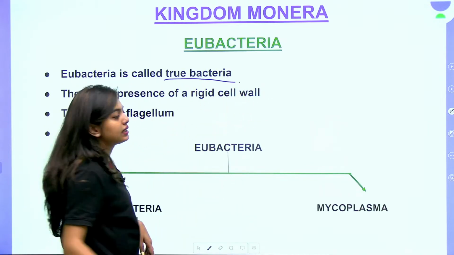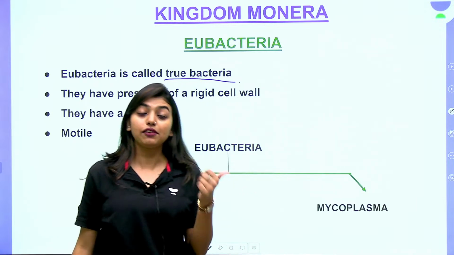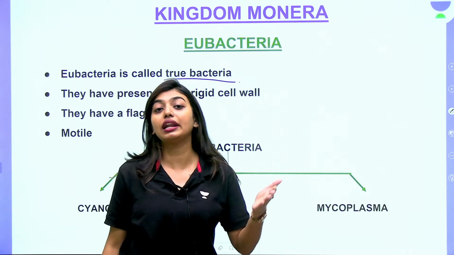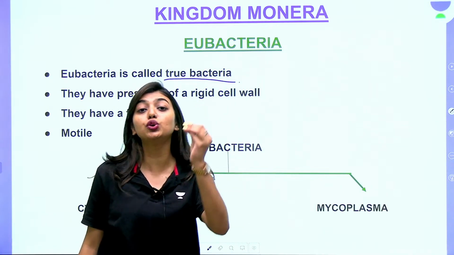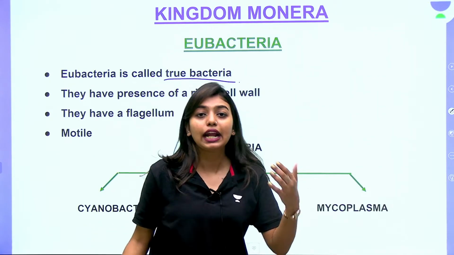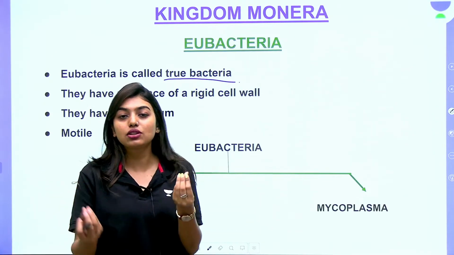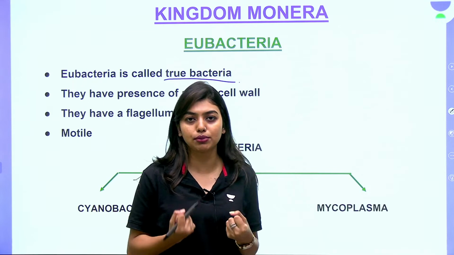Why is this called true bacteria? Because when we studied Archaebacteria, we saw that the cell wall of Archaebacteria was made up of pseudomurein, right? A false cell wall, just to protect Archaebacteria from lysozymes secreted by the host immune system.